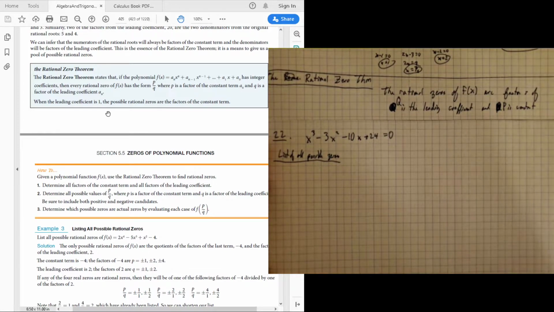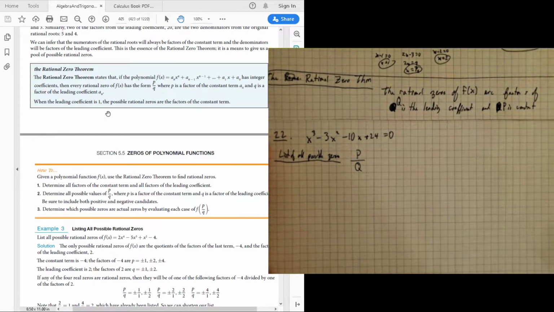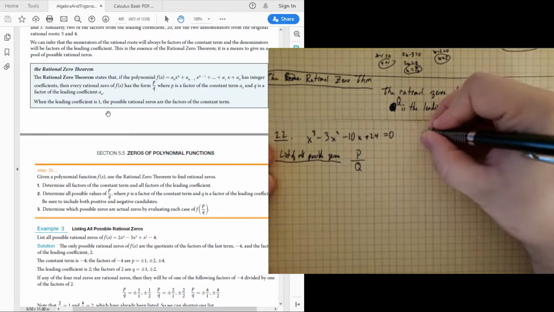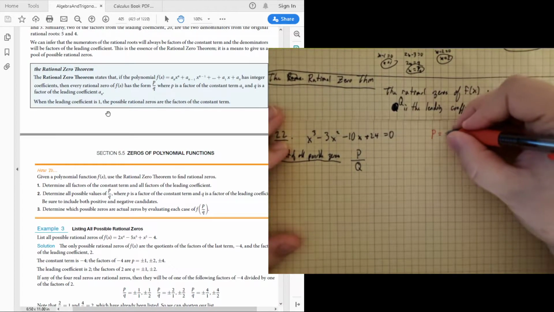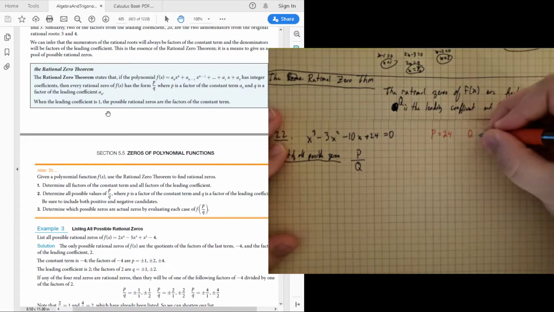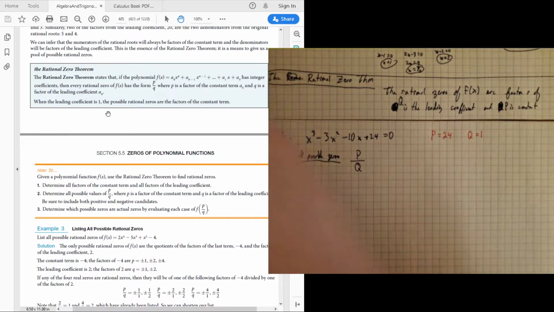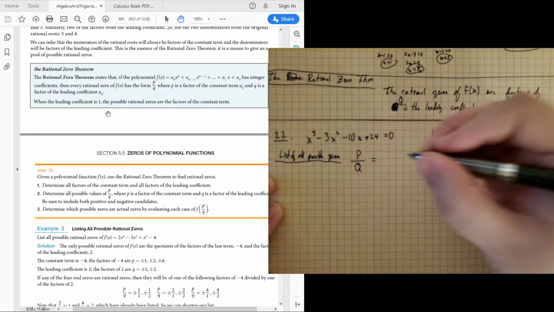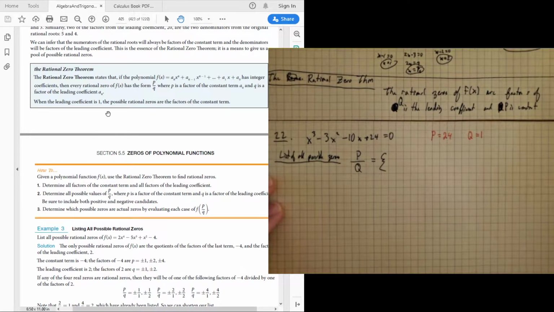The list of all possible zeros just means a list of all possible p over q. So for this problem, let's go through some pieces. My p in this case is 24. My q in this case is 1. So what's this mean? Well, it means my full list of all the possible zeros is as follows.